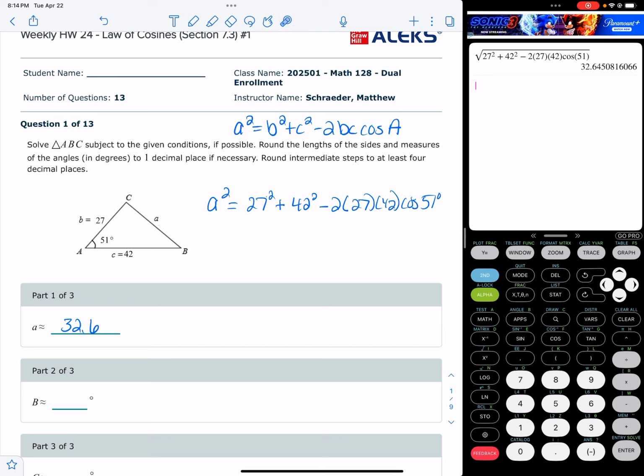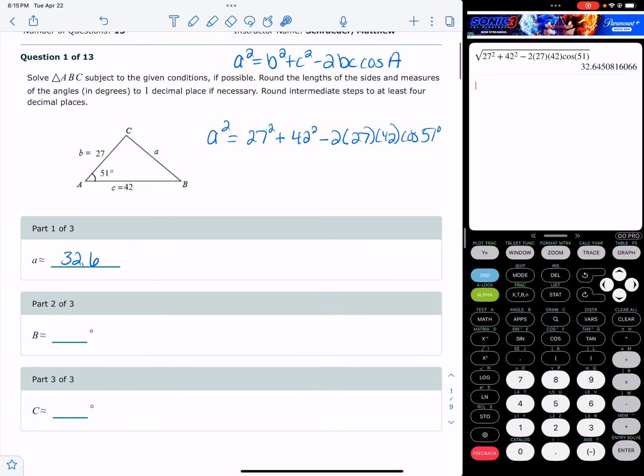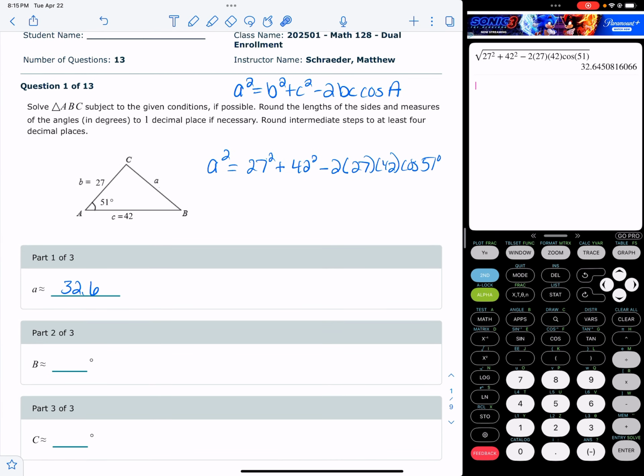Let's see what it tells us for rounding. Lengths of sides to 1 decimal place. All right, so let me fill that in.